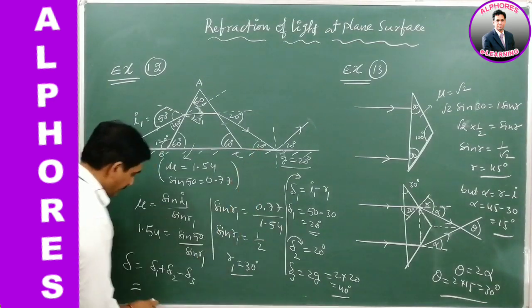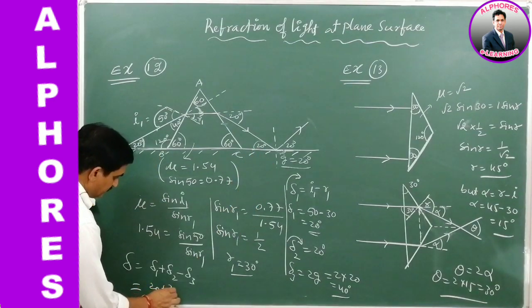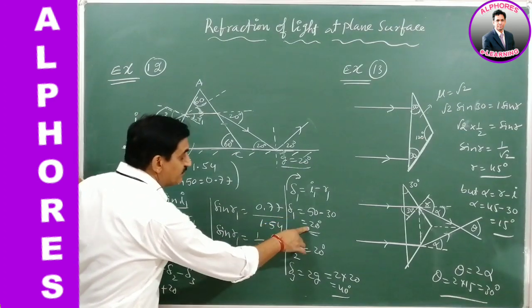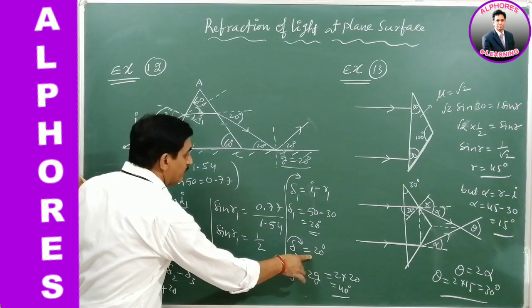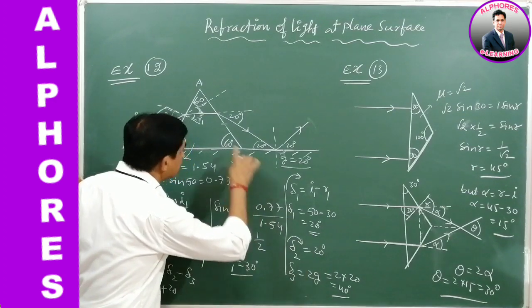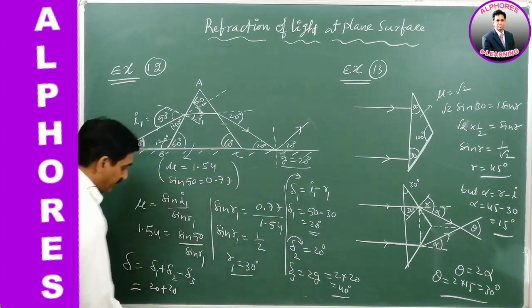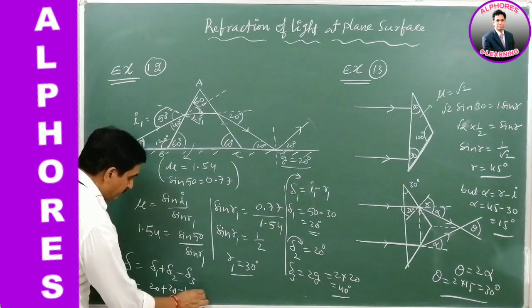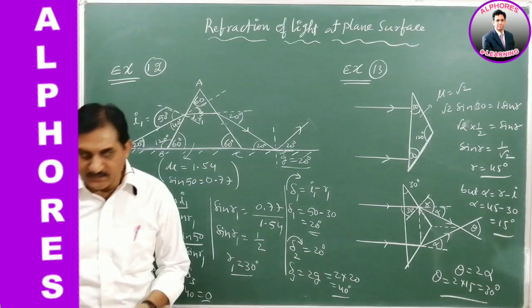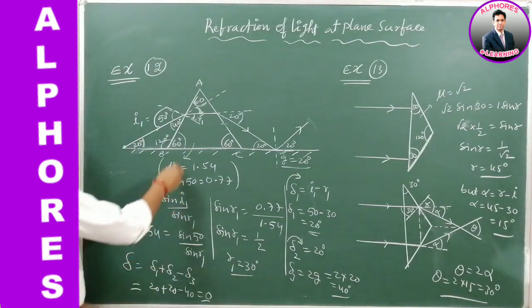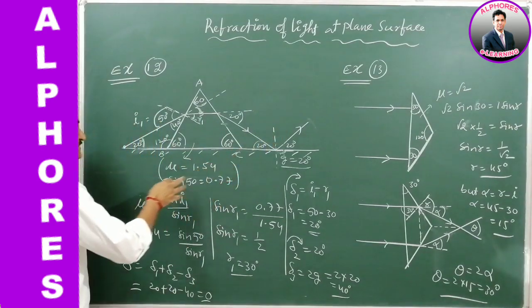This is 20 plus 20. Here the deviation suffered by the refraction the first time, and this is by refraction the second time at the second phase, and this is by reflection, minus 40, which gives 0. So 0 is the total deviation suffered by the light. There is no deviation at all.